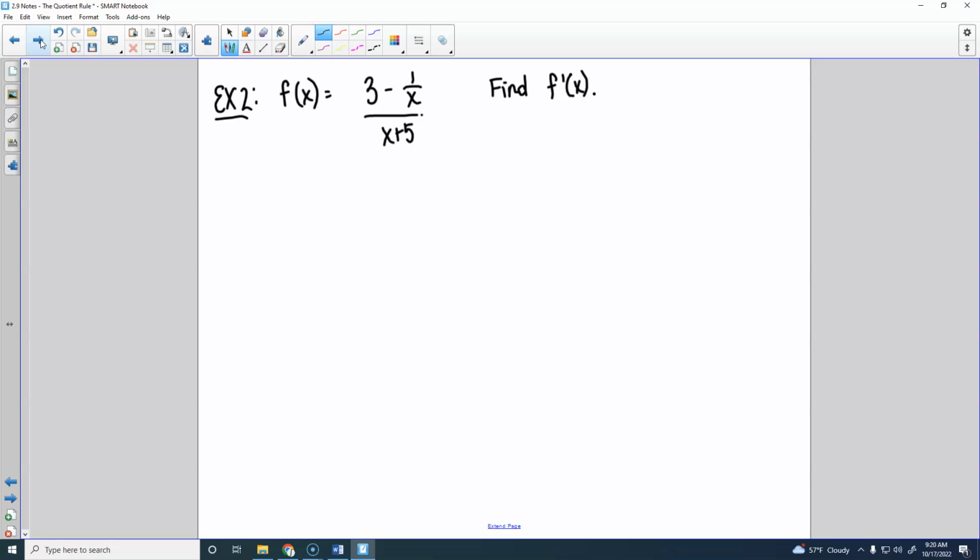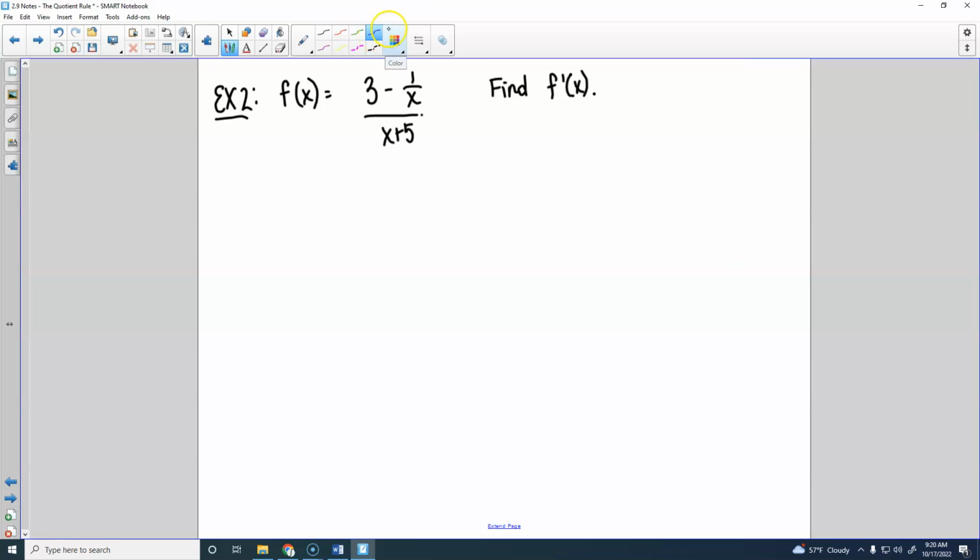You either want to get rid of that complex fraction before you take the derivative, or you could change this 1 over x to an x to the negative 1 power, right? Use a negative exponent there. So really either is fine. I think I would rather not deal with negative exponents.